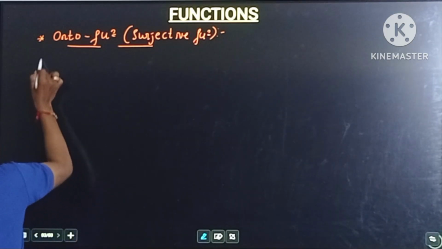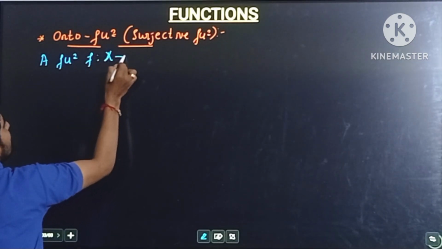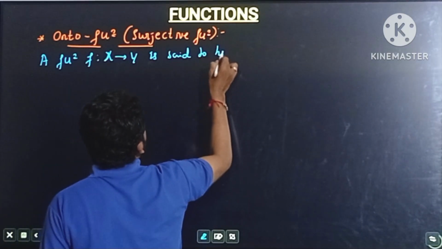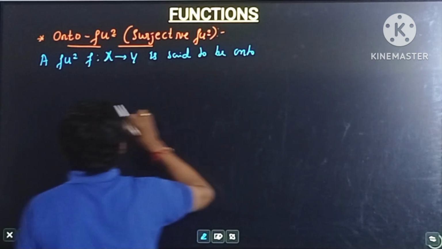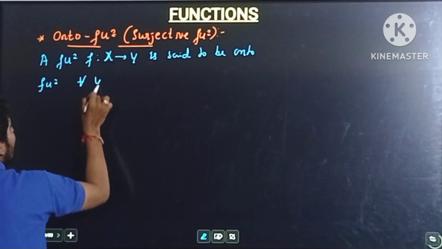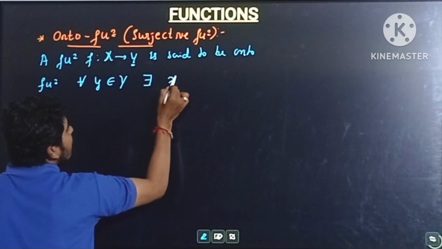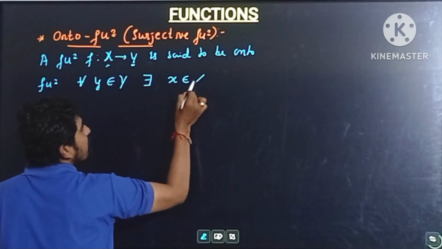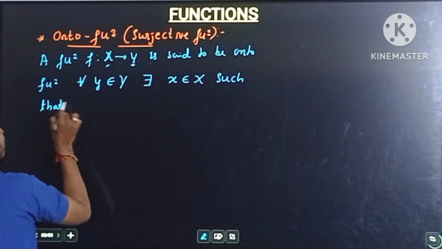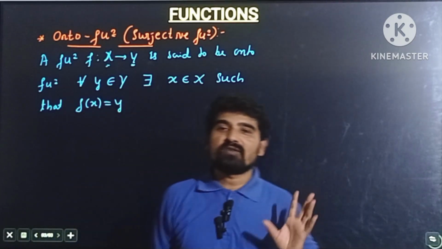Suppose a function f from X to Y is said to be an onto function if for every element y belongs to the second set, the codomain, there must exist an element x belonging to the domain X such that f(x) is equal to y, then we call it an onto function.